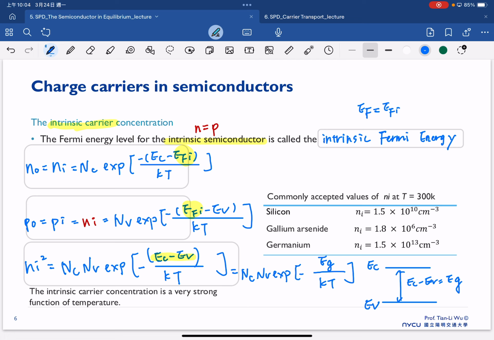So now we can understand the intrinsic carrier concentration highly depends on our band gap and also our temperature. So the intrinsic carrier concentration is a very strong function of the temperature and band gap.